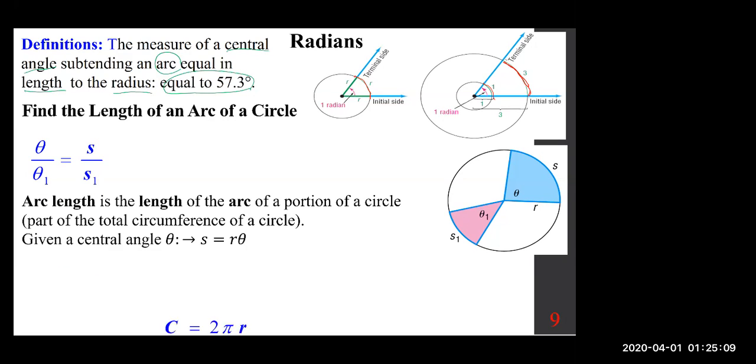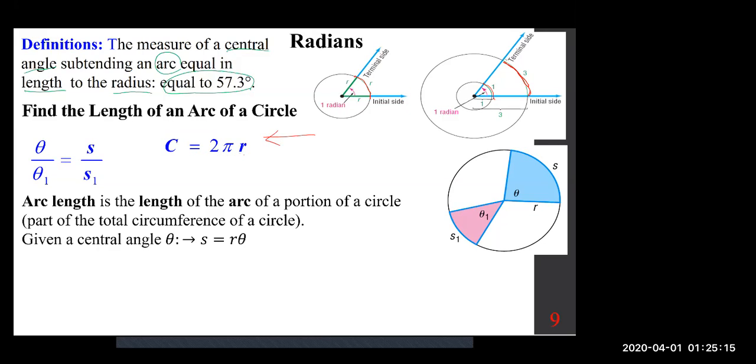We know that C is 2 pi r, and what is 2 pi? 2 pi is the angle which is a complete revolution. When you cover the whole circle, starting from any point, you go a complete revolution, you cover the circumference.